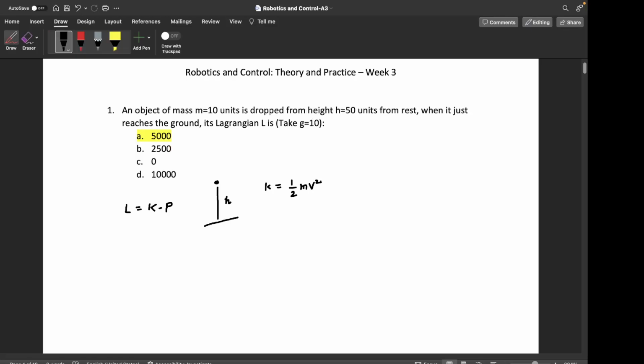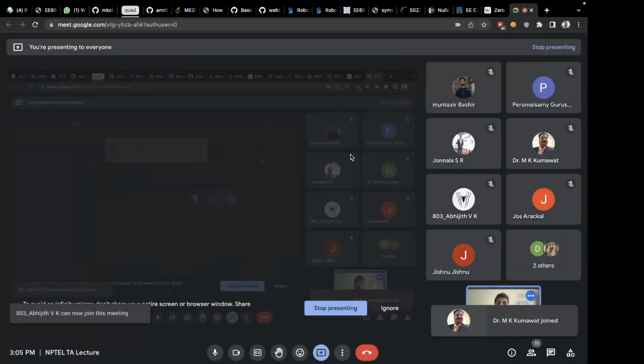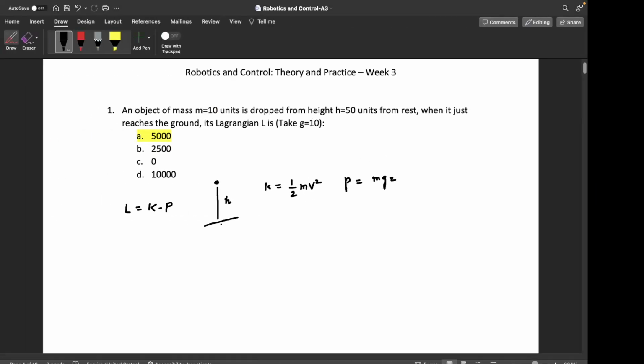Then at any instant of time, the kinetic energy can be written as half mv square, and the potential energy is written as mgz, where z is the height from the reference surface, which is the ground.